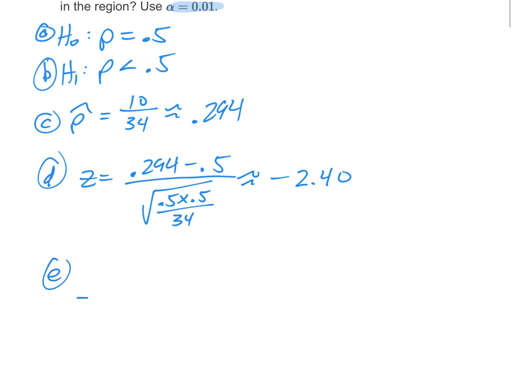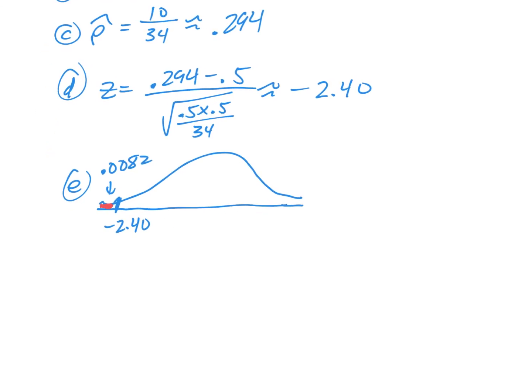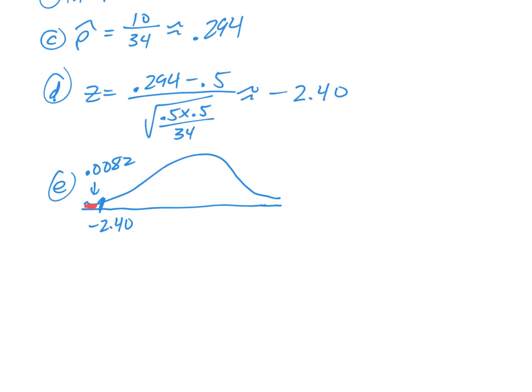Question E, we're going to draw our picture, our curve. Negative 2.4 is way over here, which means we are looking just for this little percentage right there. It's nice because when you look up negative 2.4, it's going to give you the exact answer, 0.0082. So that's actually our p-value, everybody.